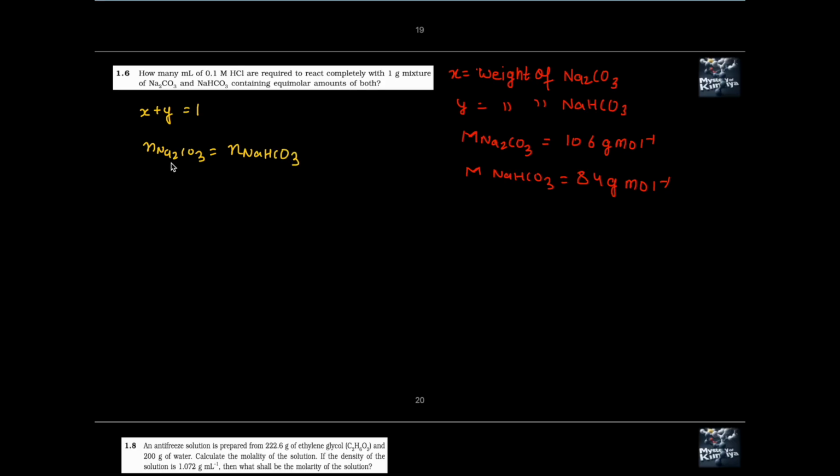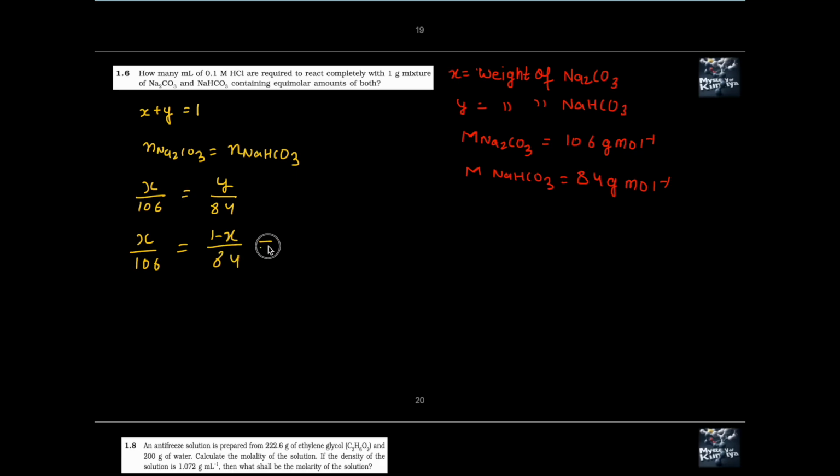How can we find out the moles of sodium carbonate? It is given by x divided by the molar mass, which is 106. So x divided by 106 is equal to y upon 84. As we know, x plus y is equal to 1, so we can substitute y with 1 minus x, giving x upon 106 equal to 1 minus x divided by 84.